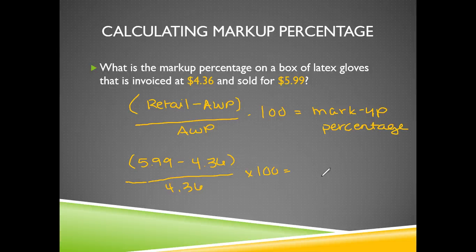Now that is in parentheses, so we're going to equal that out. So minus $4.36 equals. Then we're going to divide by $4.36 and then multiply by 100. So I get 37.39%.